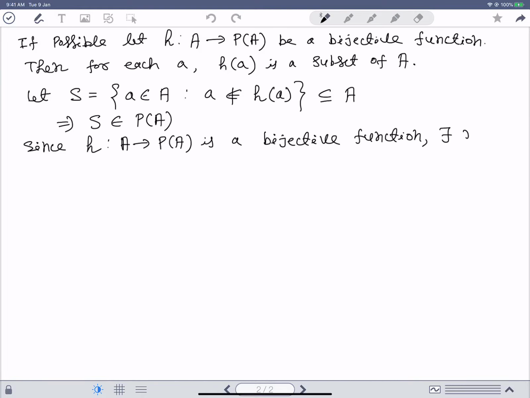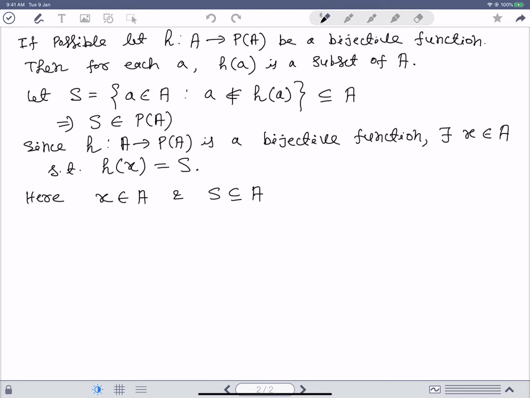So there exists an x in A such that h(x) equals S, right? Now what is my x? x is an element of A and S is a subset of A. So therefore we have two possibilities for the element x.